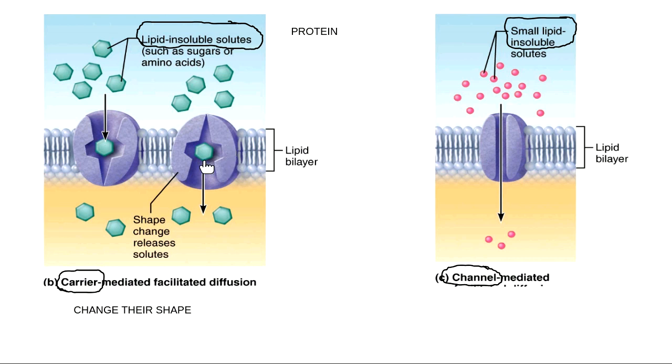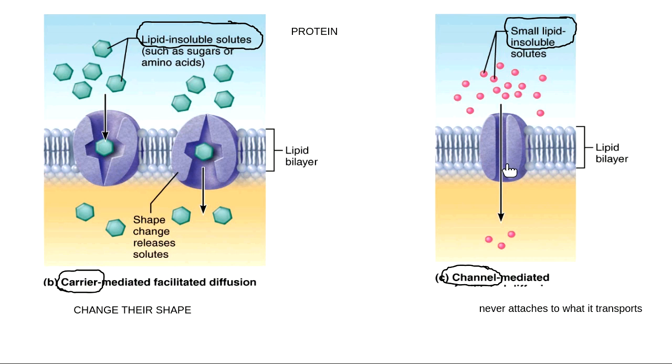With a channel protein, I always have a channel, I always have a space for things to move through the protein. So a channel protein never attaches to what it transports. It never actually binds to what goes through this channel.